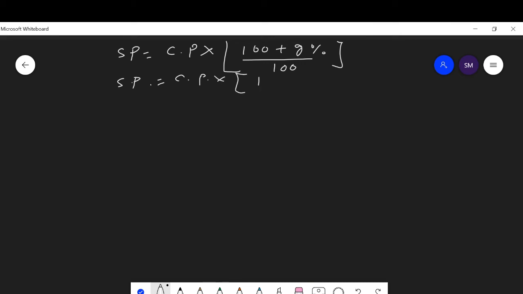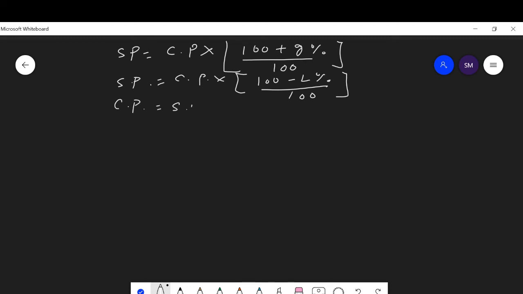Here let us remember some formulas. SP is equal to CP into 100 plus gain percent upon 100. Okay. Then SP is equal to CP into 100 minus loss percent upon 100. Okay. Then suppose SP is given, you have to find out CP.